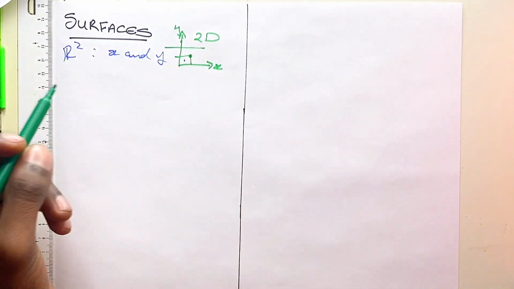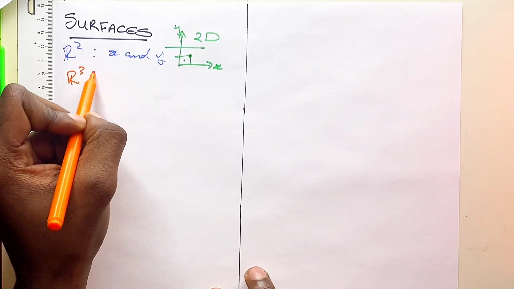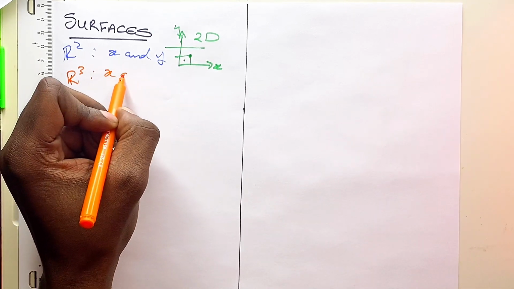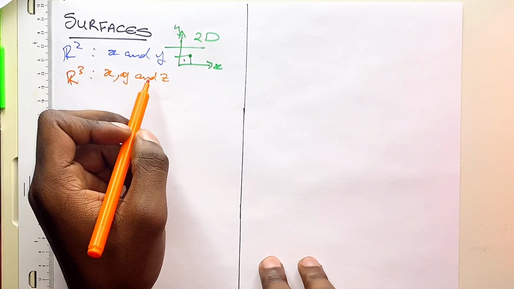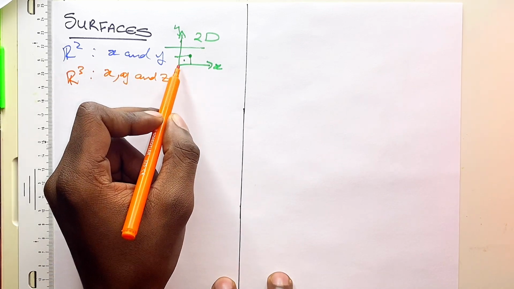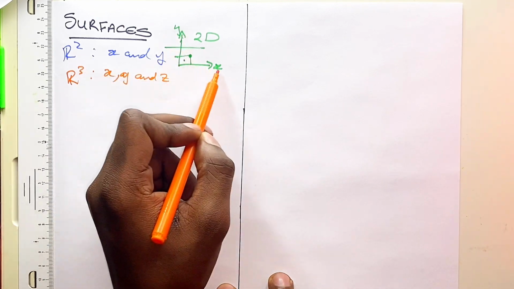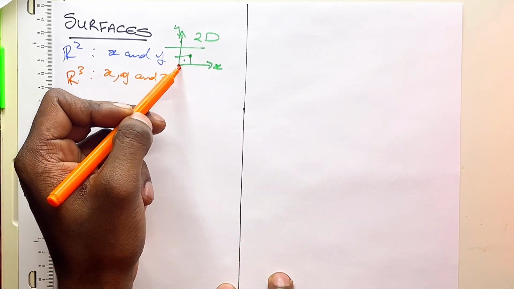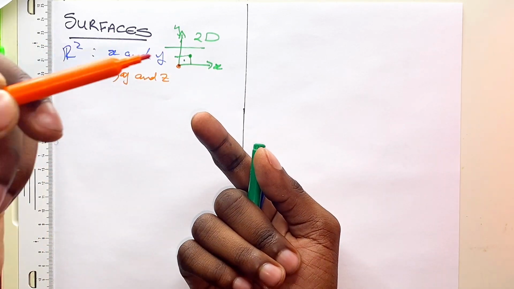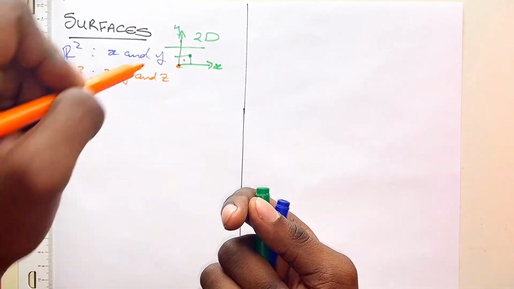But let's say now you want to deal with 3 dimensions. Now in 3 dimensions, we don't only need x and y, we also need z. Now we introduce a 3rd dimension to our Cartesian plane. If you look at this axis here that I drew, this axis is coming out of the paper, outwards towards my camera here, or going into the paper.